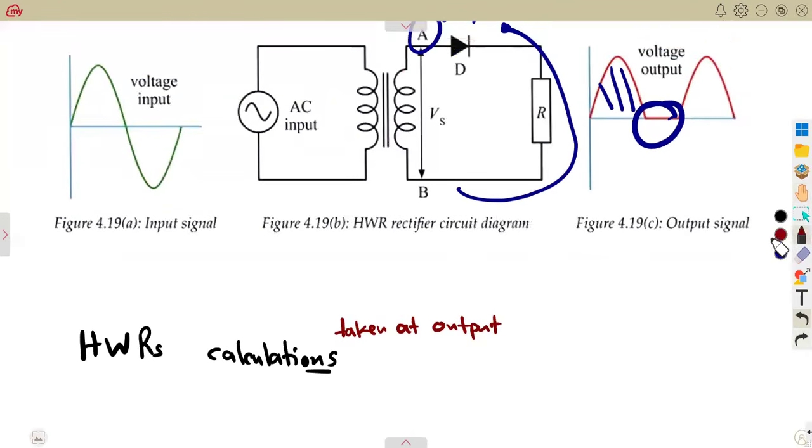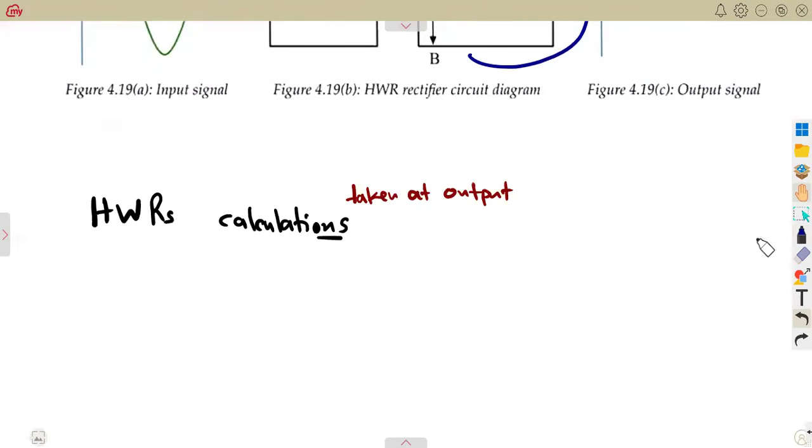So at the output, across the resistor, we have the current for both cycles, which is the maximum current that we can have. On the secondary side, let us just talk of the maximum current. I'm just going to write in short, Imax.